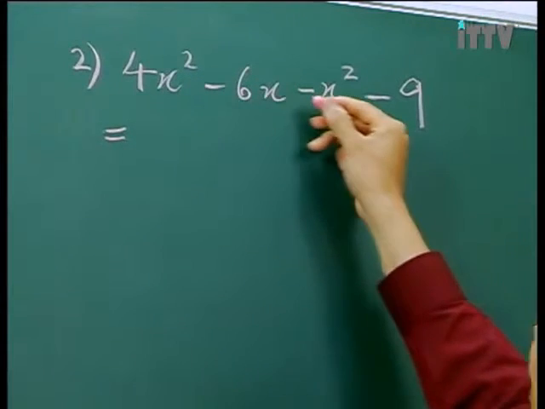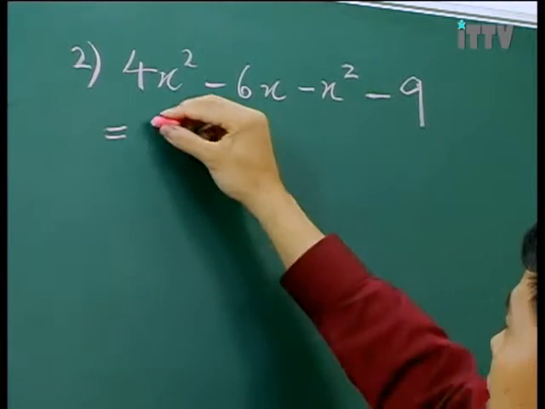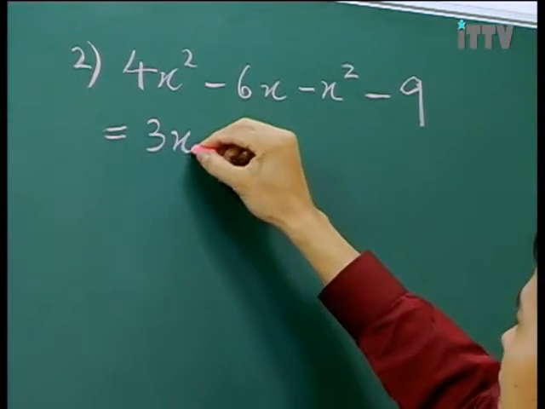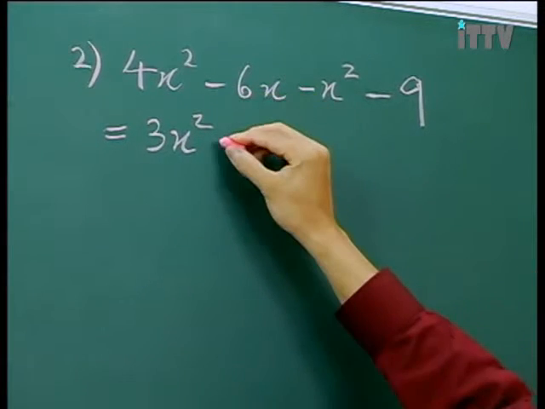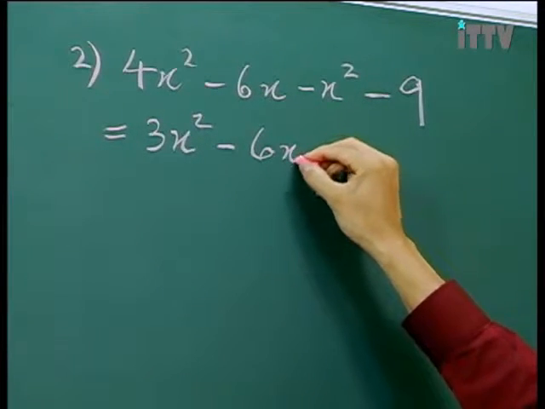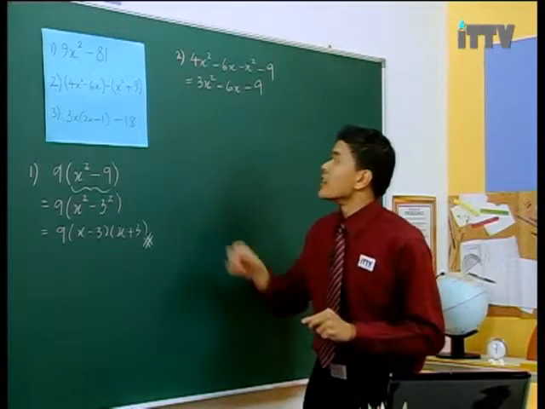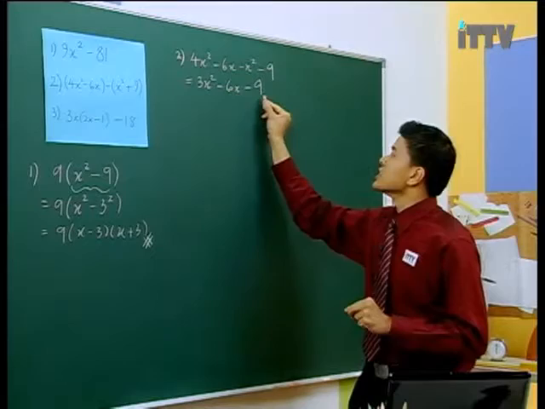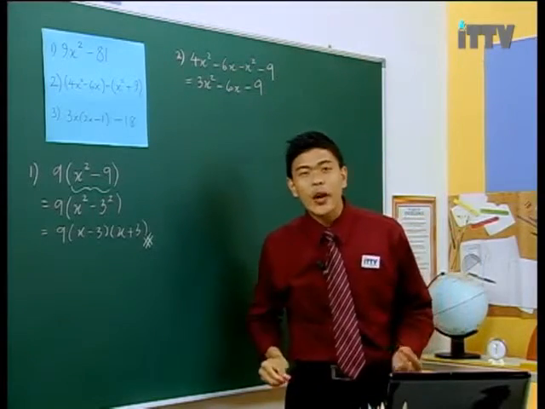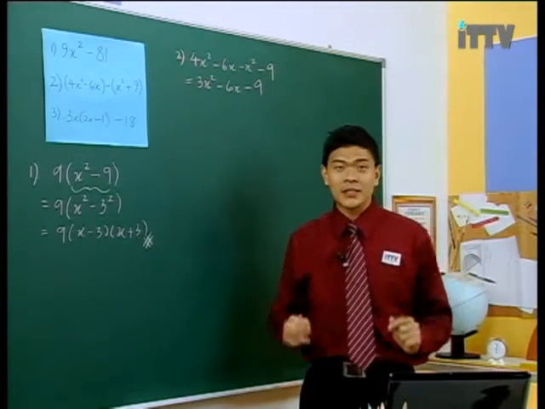So 4x² minus x² becomes 3x², and -6x and -9. So this is the quadratic expression in the form of ax² + bx + c.